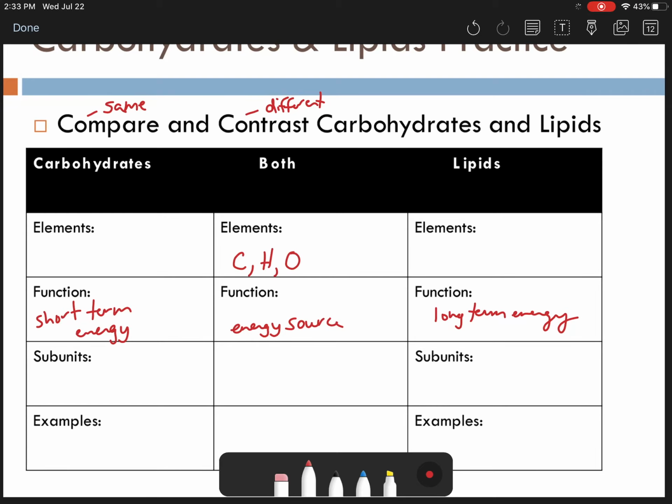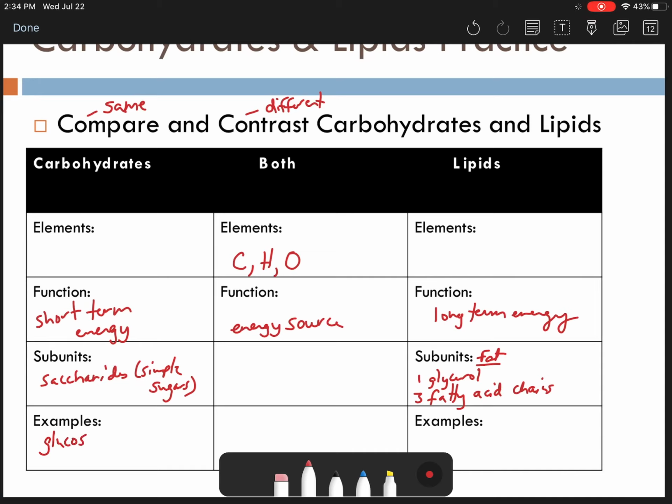Now, a carbohydrate, what was the subunit again? They have saccharides, also known as simple sugars. And lipids, specifically fat, that's the only one we can talk about, has 1 glycerol and 3 fatty acid chains. And what were some examples of carbohydrates again?